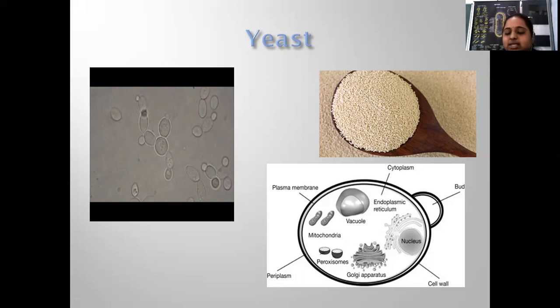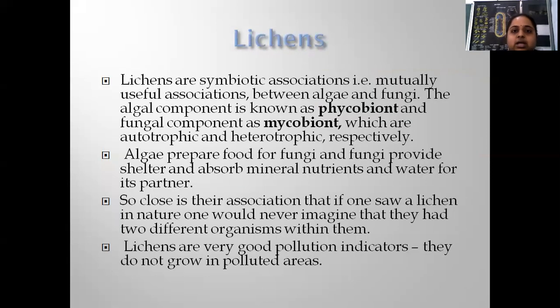Next specimen is lichens. So what are lichens? When you come across the term lichens, the first point that comes to your mind, as you have studied in your theory class, is that it is a symbiotic association between algae and fungi.